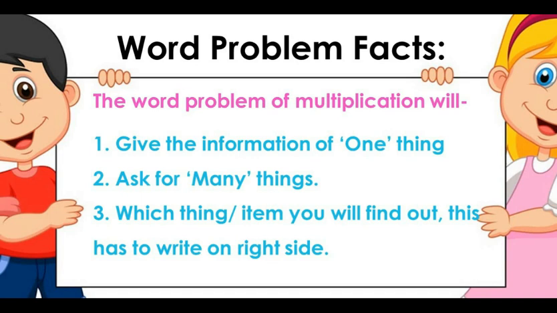The problems will give the detailed information of one thing and ask for many things, and the thing or item you will find out has to be written on the right side.